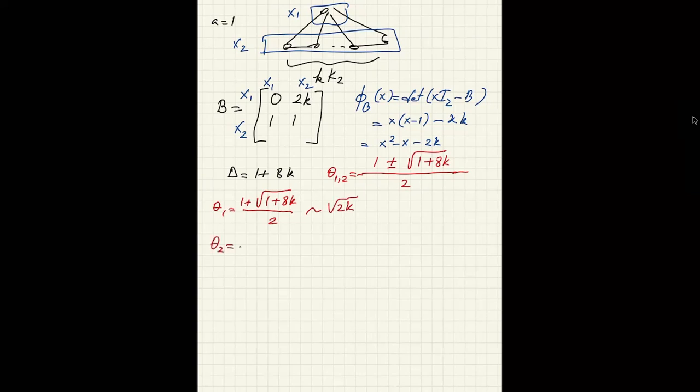And this one is 1 minus the square root of 1 plus 8k, over 2. Roughly speaking, it's about minus that much. So you get one positive and one negative. Now the question is, okay, so this graph, here we have 2k plus 1 vertices.